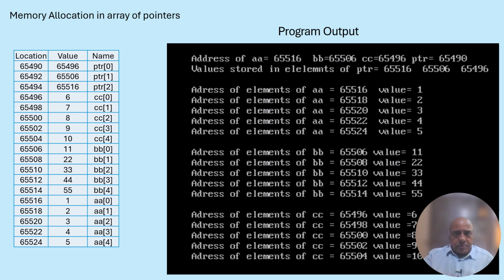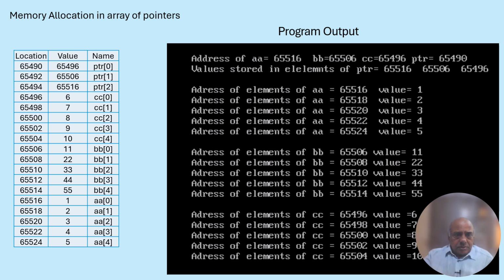Then the addresses of elements of AA, BB and CC we are displaying using the for loop. So 65496 is pointing towards the 0th element of array CC, which is the value 6.